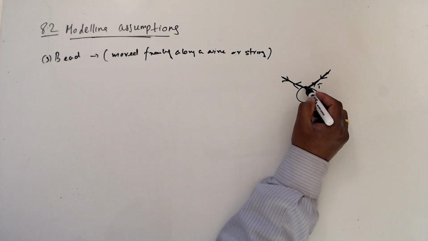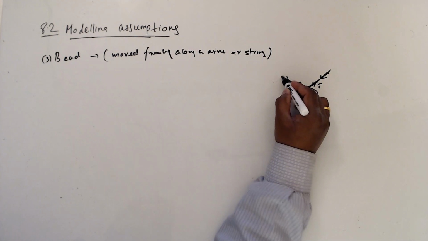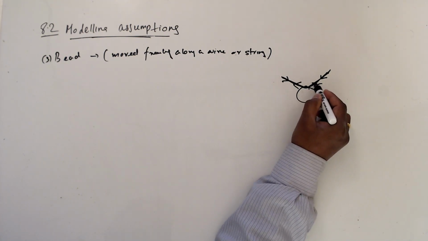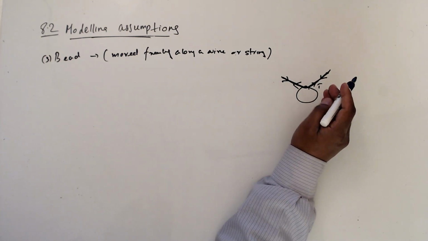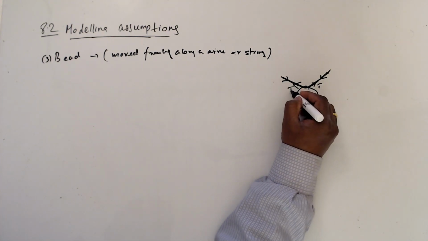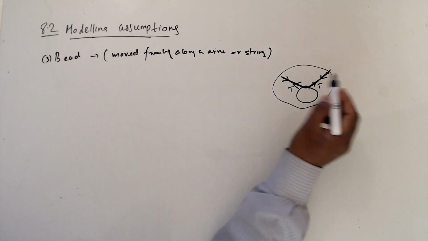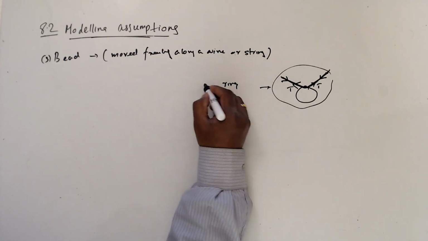For example, this is the touching point, from the touching point to the left side of the string, and from the touching point to the right side of the string. Those are the two sides, and the tension is equal. The same thing we sometimes refer to as a smooth ring.